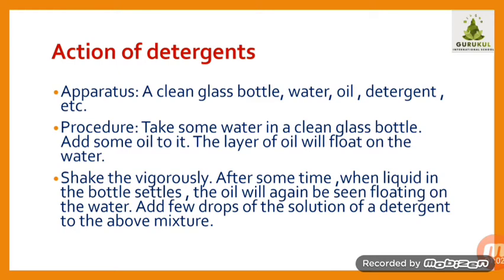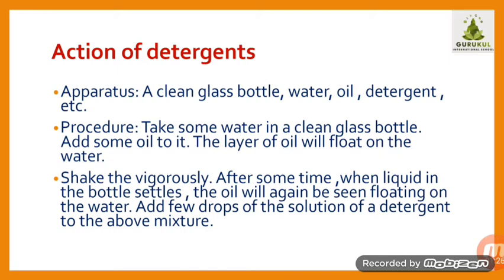Close the bottle with the lid and shake it vigorously. After some time we feel that both water and oil get mixed. But again, if you keep that bottle on the table undisturbed, after some time you will see that the oil is floating on the water.